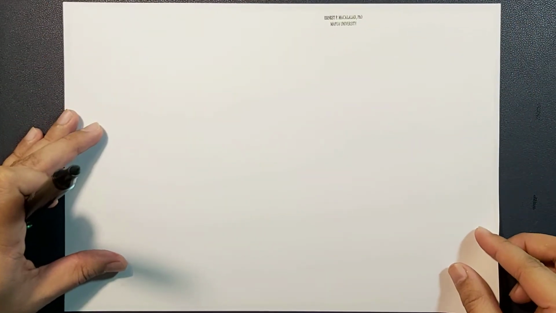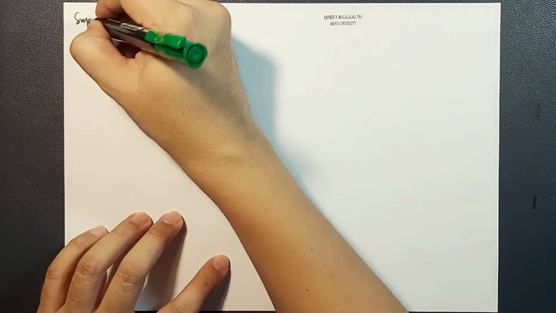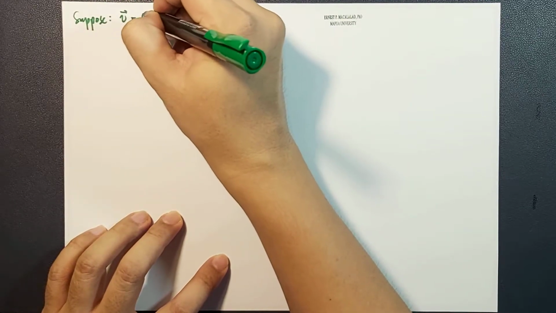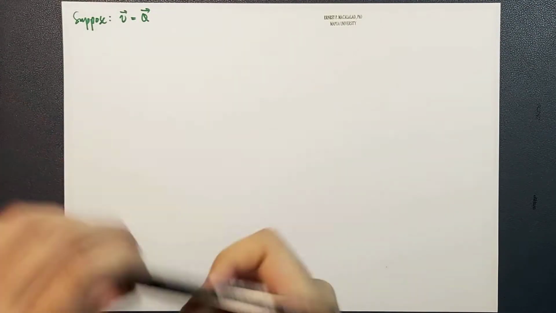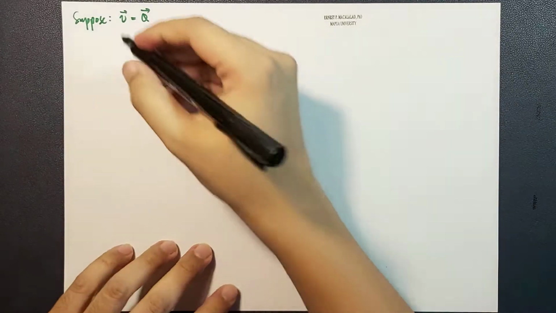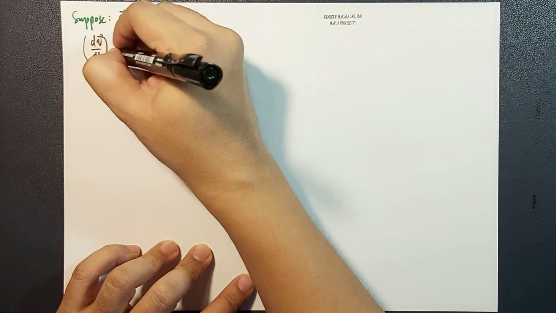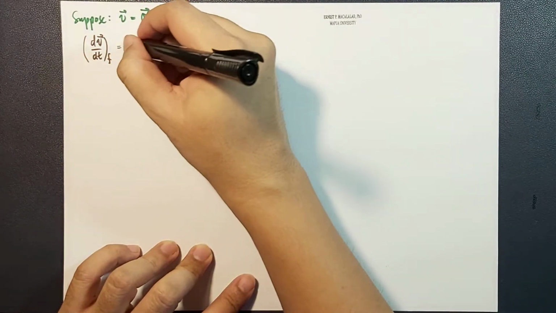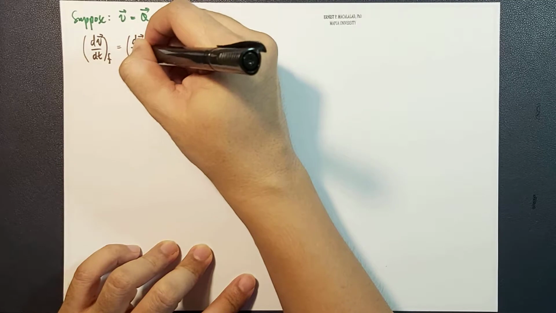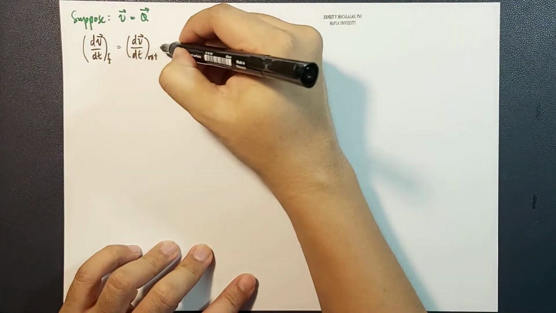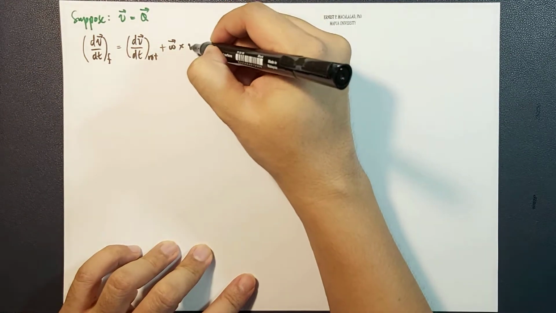Okay, so for instance, we apply that to the velocity vector. Suppose your velocity vector is your q. So applying that result, we have the derivative of v with respect to time in the fixed frame is equal to the derivative of the velocity with respect to time in the rotating frame plus omega cross v.